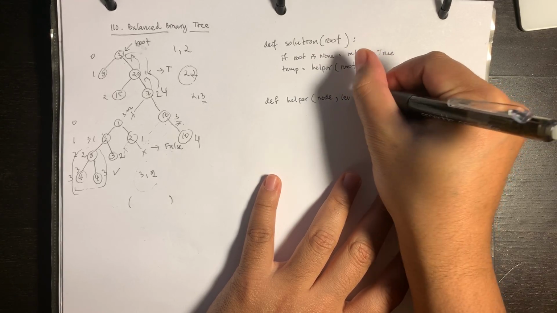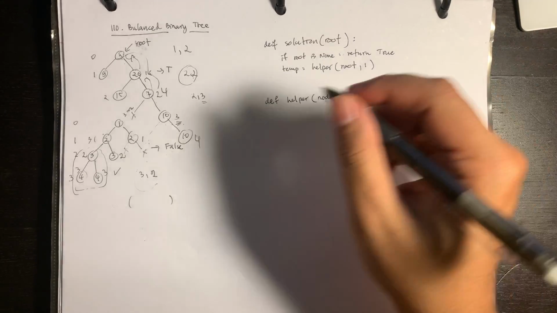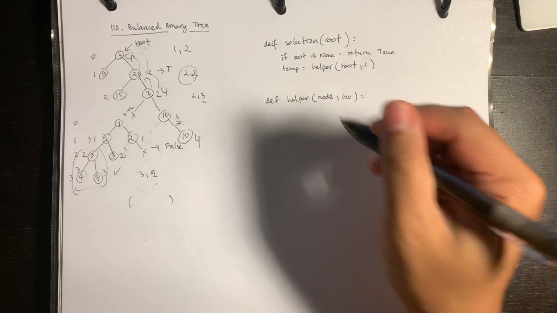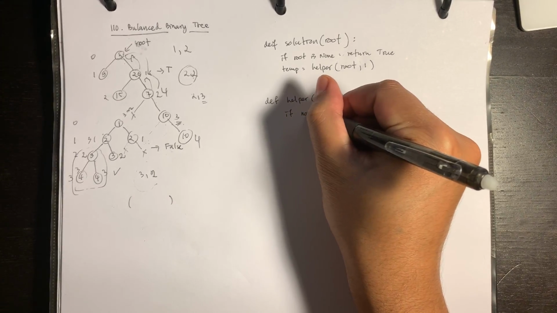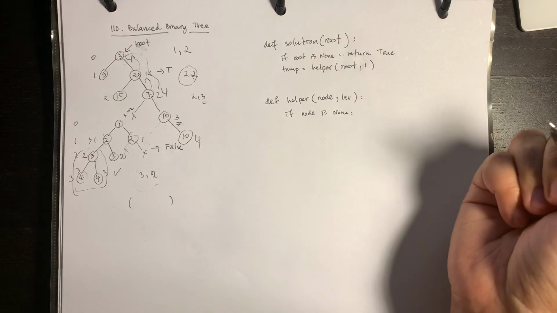Level 1. This is why level 1. So in the case that the node is none, so it's like this case. So if node is none, what do I want to do?